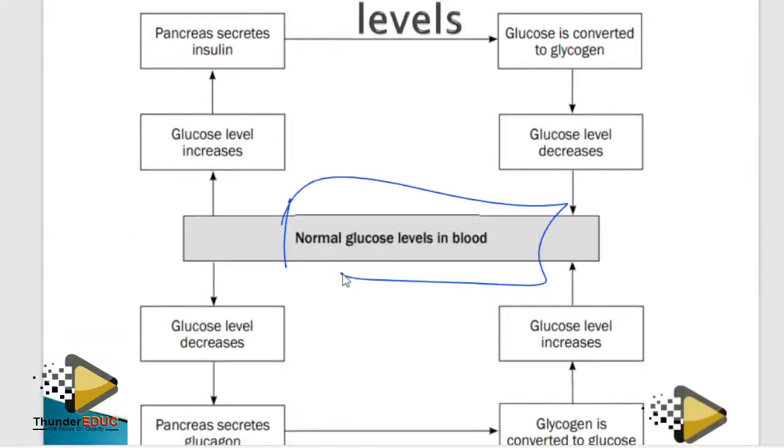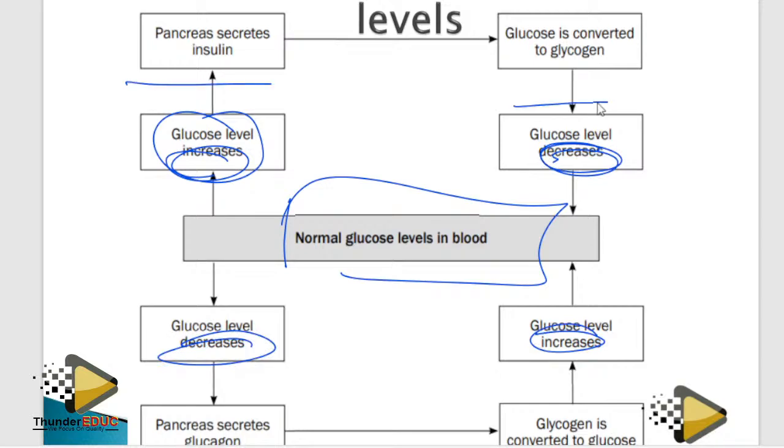Look, normal level of glucose. If there is an increase here, there is a decrease here. If there is a decrease here, there is an increase here. So you have two places to fill in. The first one is for the gland: the pancreas secretes insulin. Then the function of insulin: glucose is converted into glycogen. So insulin is going to stimulate the liver to convert glucose to glycogen, and then the level of glucose goes back to normal.